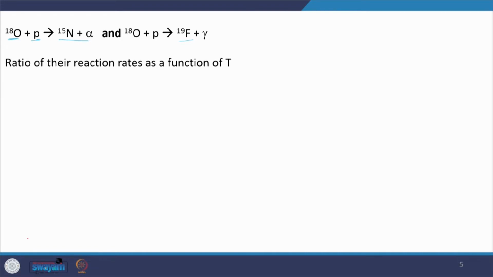See the temperature on the x axis, and the reaction rate of oxygen 18 via P alpha compared to the reaction rate of the same oxygen 18 via P gamma. You can see this from 10 to the power of 7 to 10 to the power of 10, and the ratio varies like this.